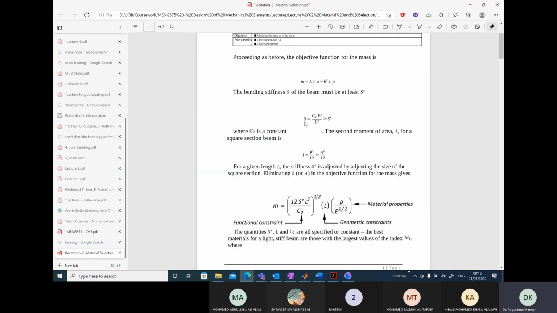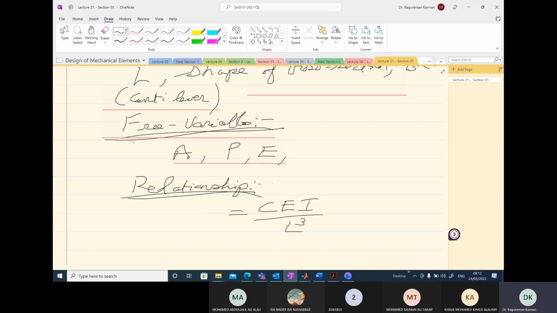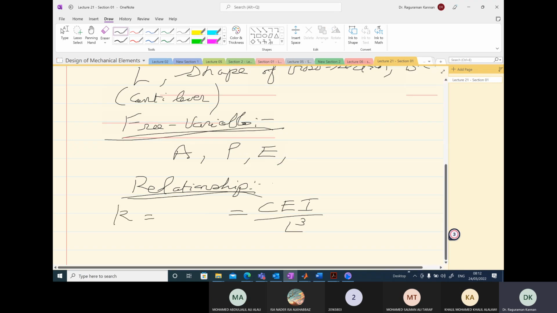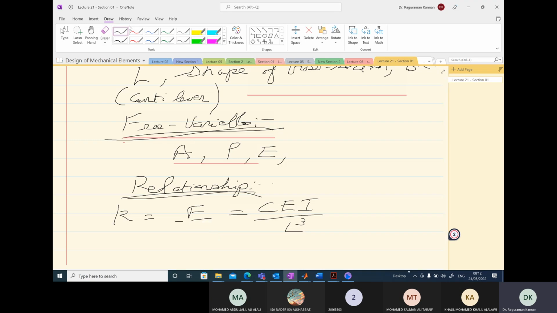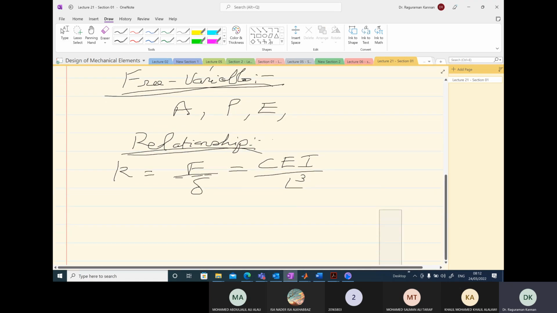See, this is the stiffness. What they have provided here is the form of the stiffness rather. So let's write here, this is equal to your stiffness K. Stiffness is nothing but force over Y, the deflection Y or delta. Okay, so let's write it to make it very clear. Delta. So from here we can see FL cube over C times EI will be your end deflection for a cantilever beam.